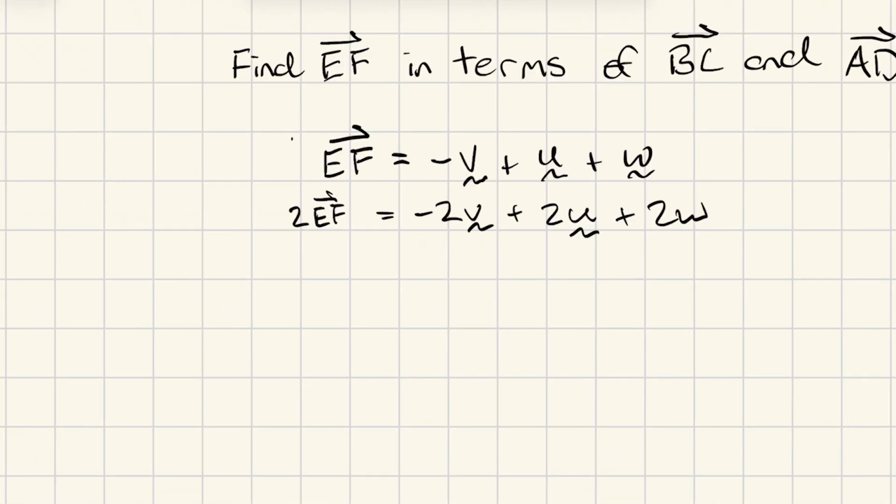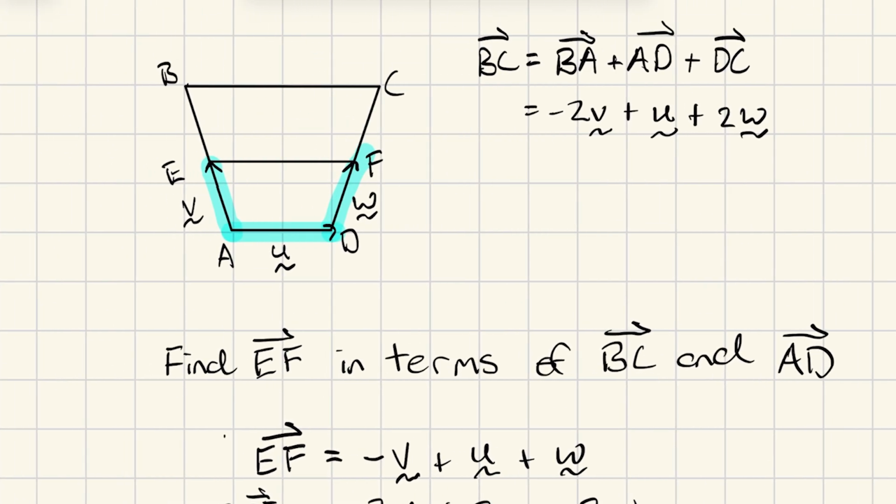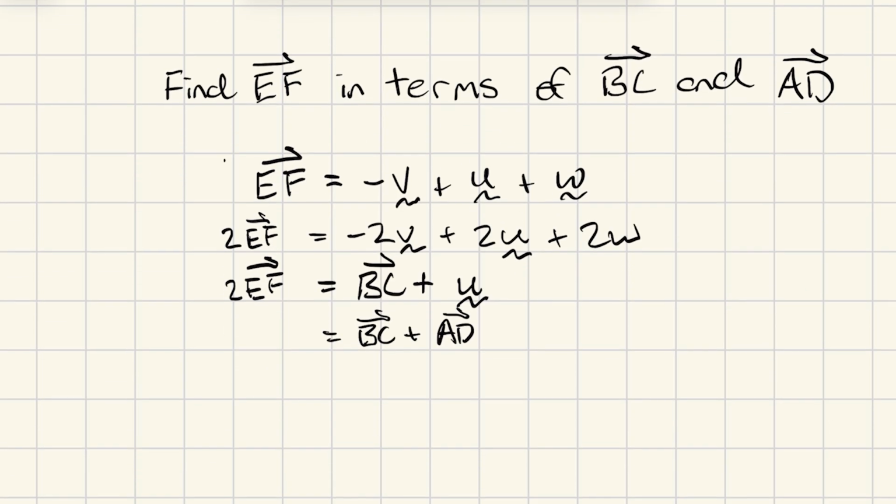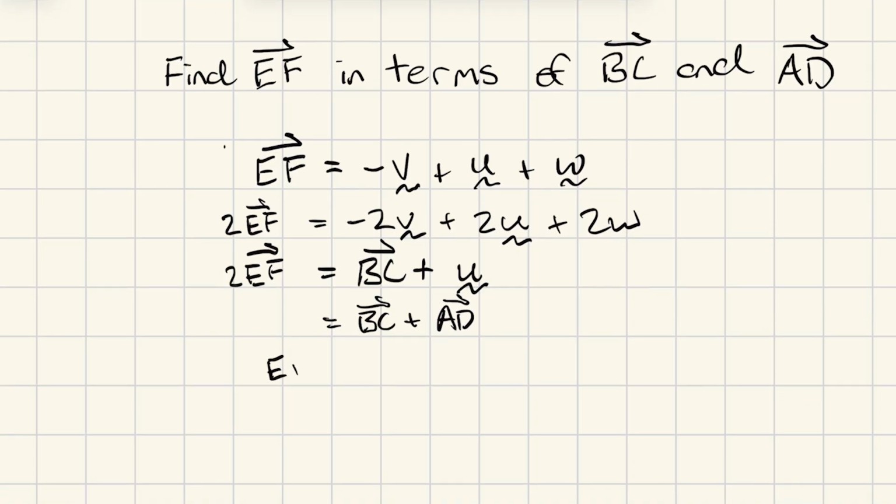So we can actually write 2EF as BC plus U. Now U is actually just AD. And so EF is going to equal a half of BC plus AD.